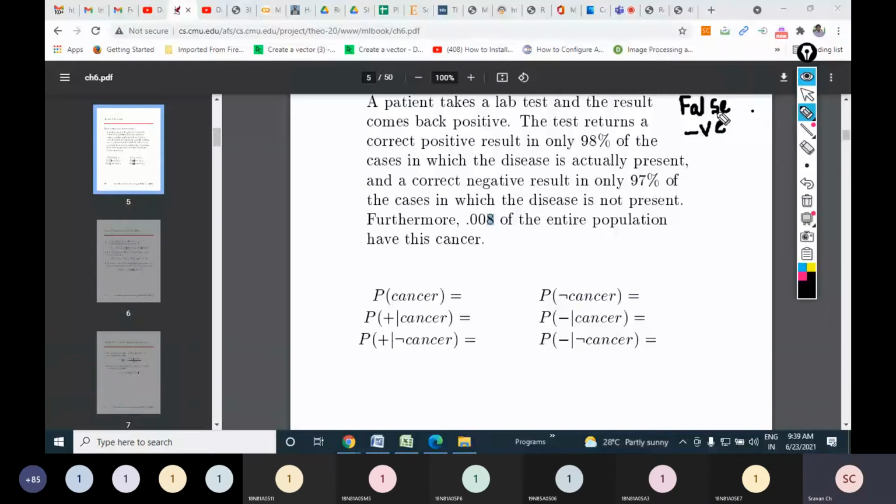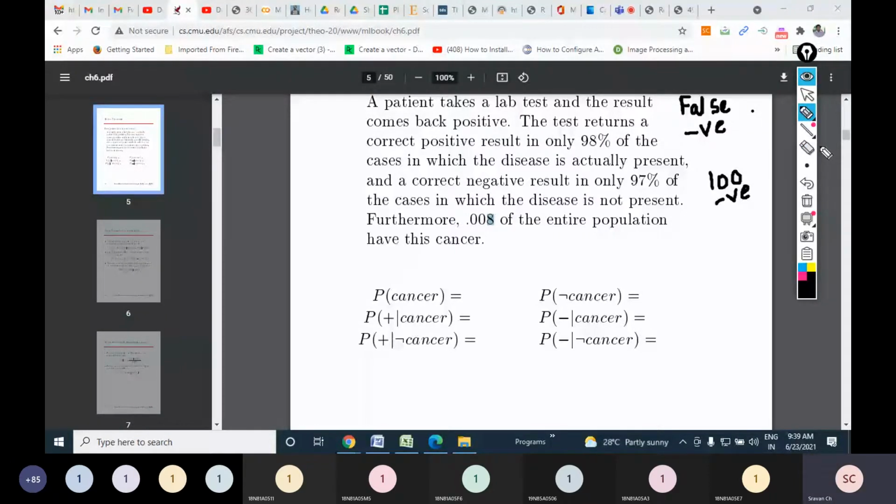Similarly, suppose I do the test on 100 people who don't have cancer. For all 100 people the report should be negative only. But what is happening, sir?